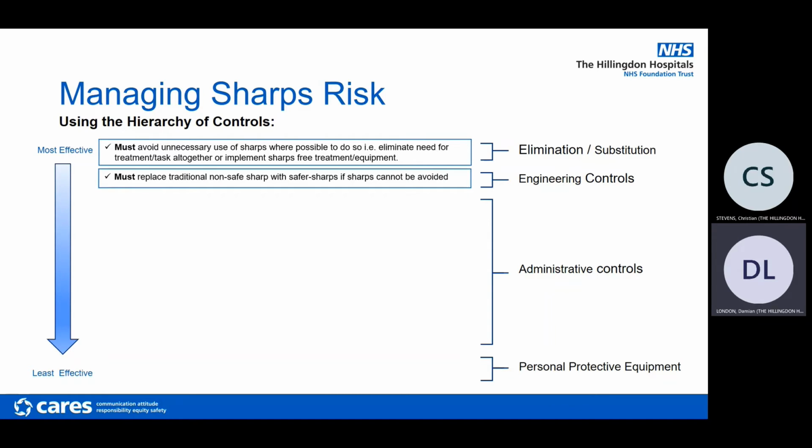The next bit of the hierarchy is about engineering controls. So this is about, in regards to sharps, replacing traditional non-safe sharps, so sharps that we consider to be non-safe, as we gave examples of, with their safer alternatives. So we avoid using non-safe sharps by providing safer alternatives that have been engineered specifically for safety.